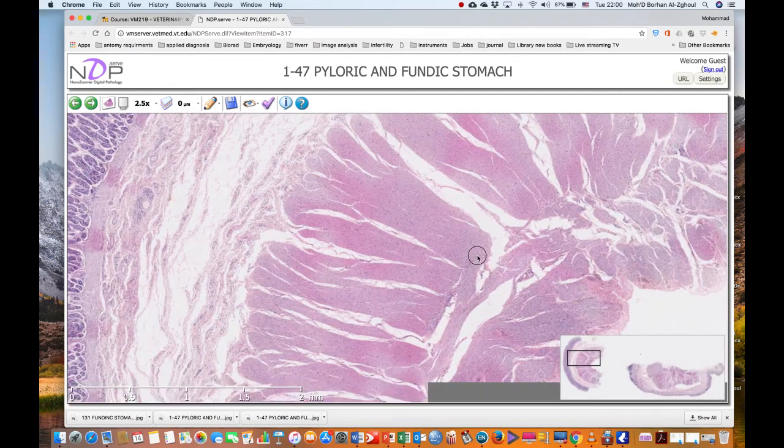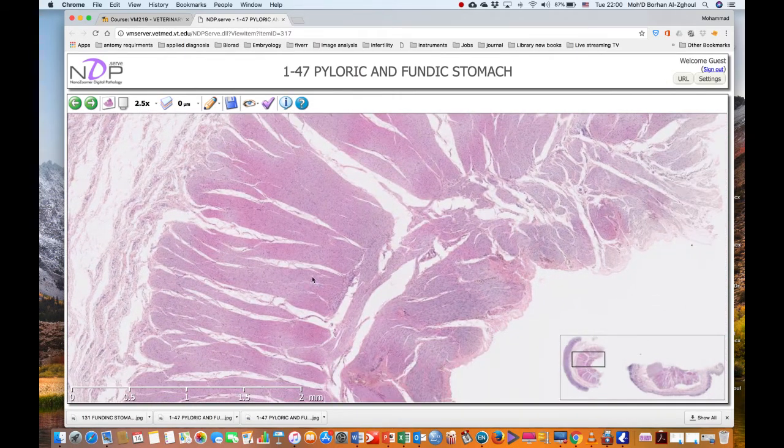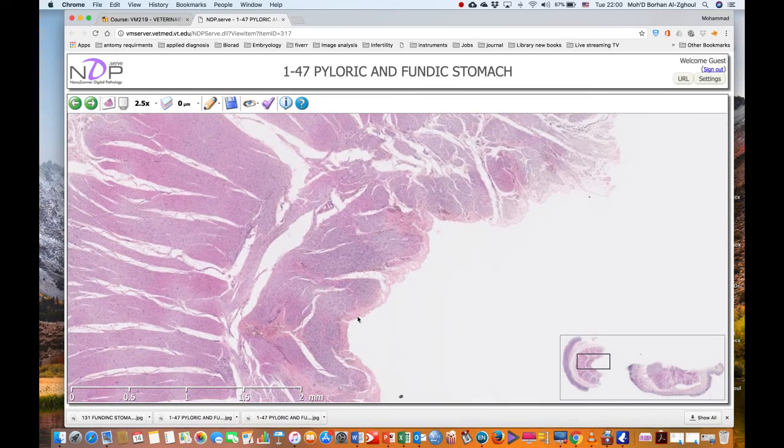Then we have the layers of the smooth muscle. Again, we have three layers of the smooth muscle. We have inner oblique, middle circular, and outer longitudinal. And from outside, we have the area of the serosa.